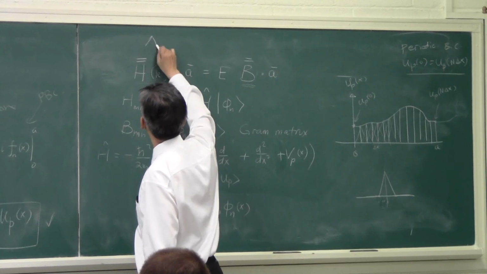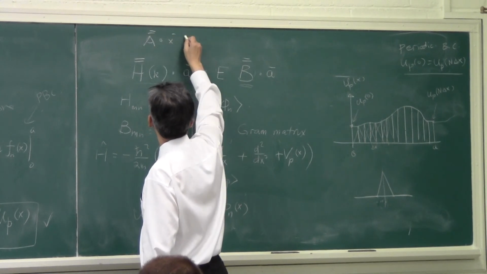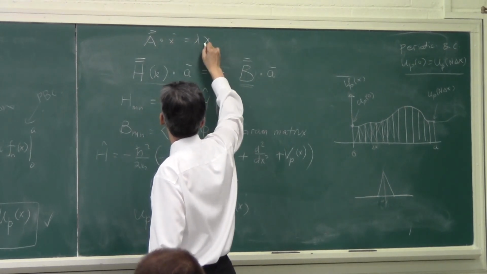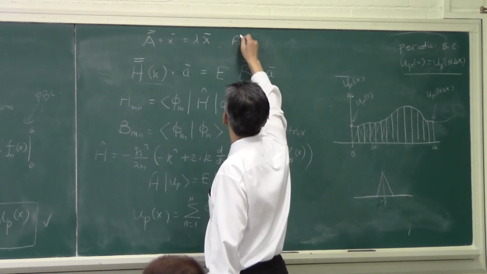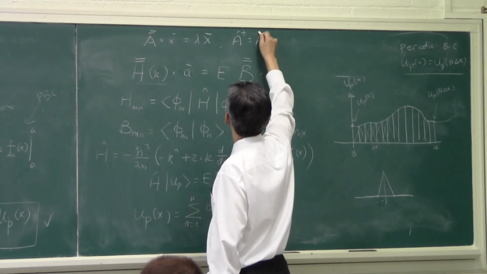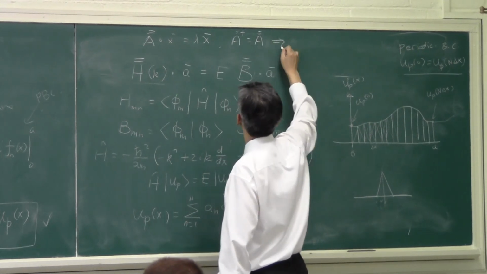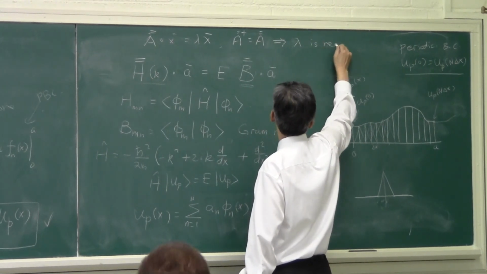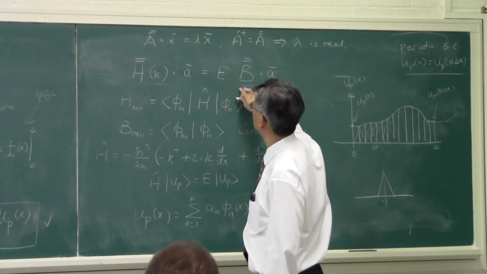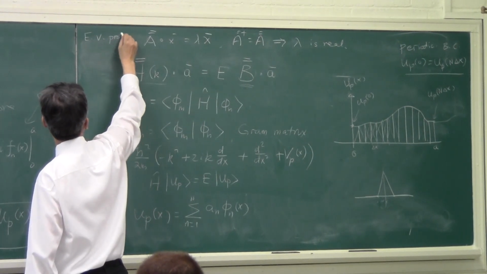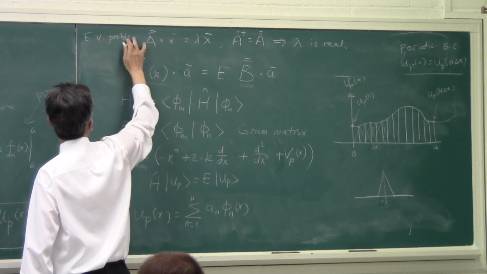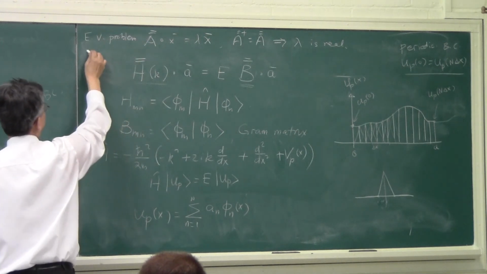The most general case is that A dot x is equal to lambda x. If A is Hermitian, this implies that lambda is real. But this case can be proved when this is an eigenvalue problem.